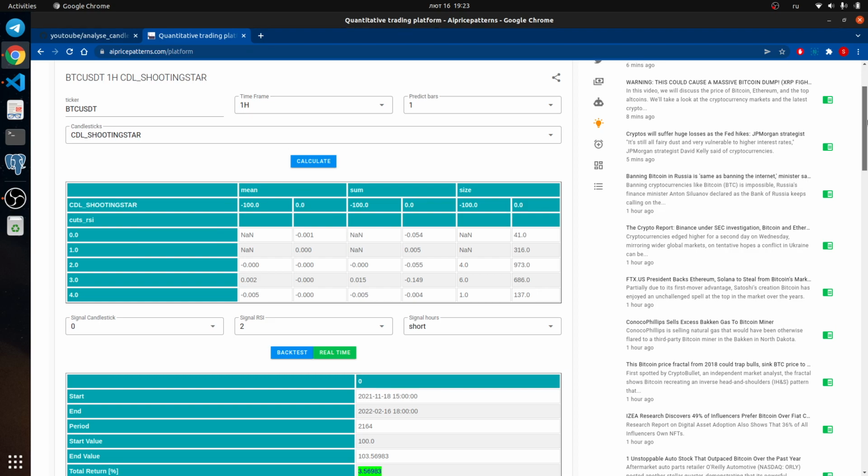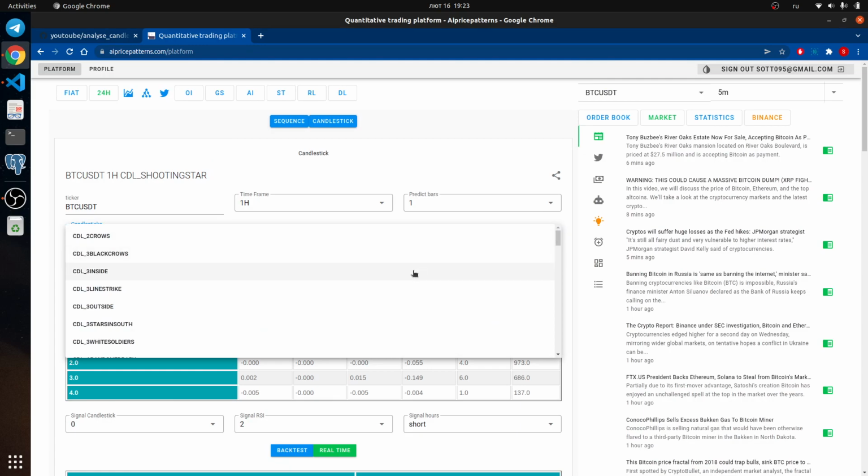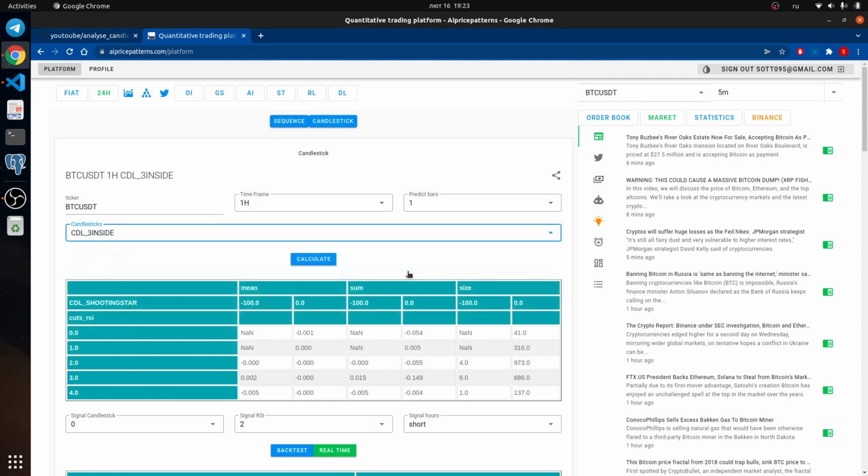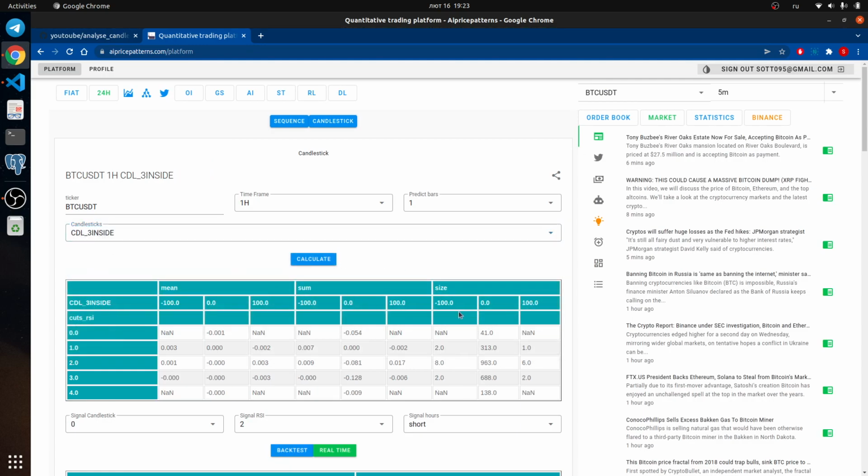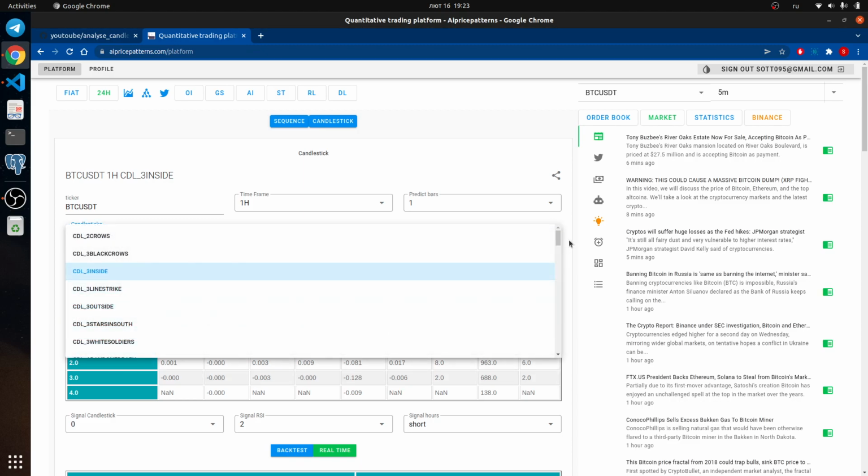Let's try another candlestick pattern, three inside, for example. Okay, size is small. I need more cases.